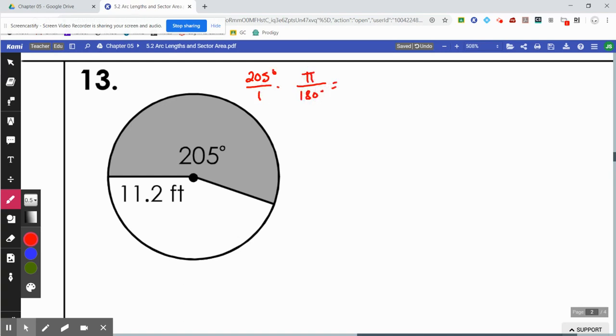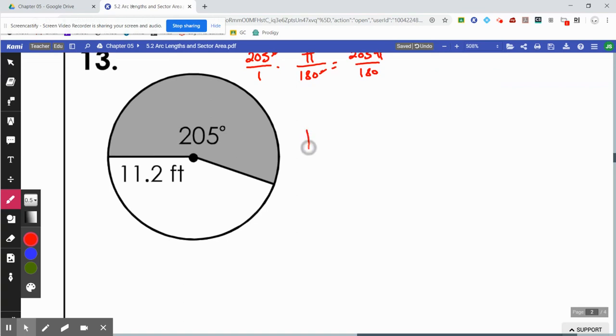Number 13. Step number 1, let's convert our 205 degrees to a radian measure by multiplying by pi over 180. Degrees cancel. And you can leave this, honestly, you don't have to reduce it because you're about to just type it into your calculator anyway. That'd be 205 pi over 180. So area is equal to 1/2 times theta, which is 205 pi over 180.